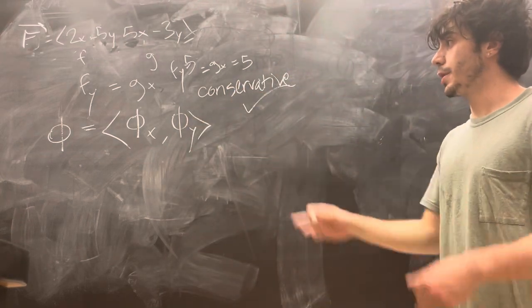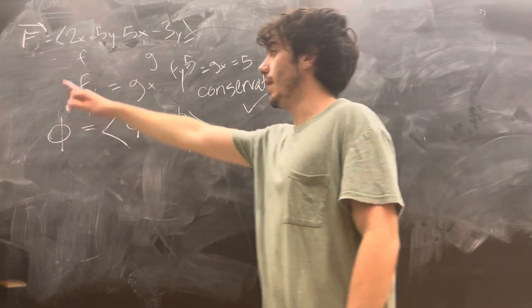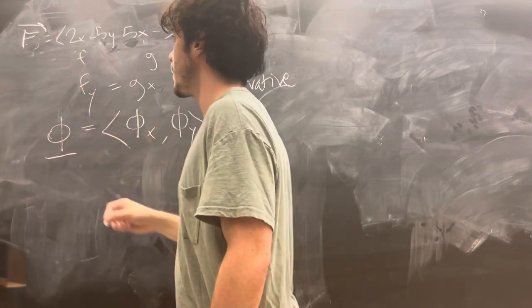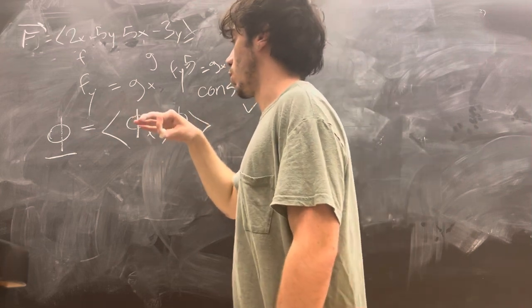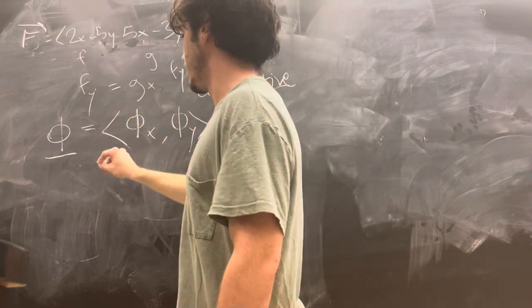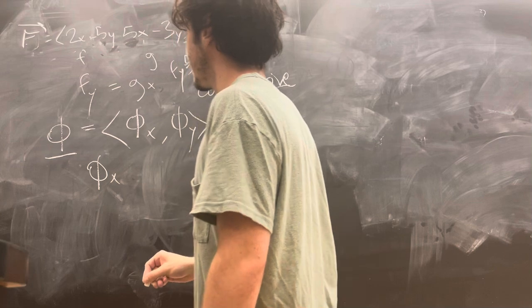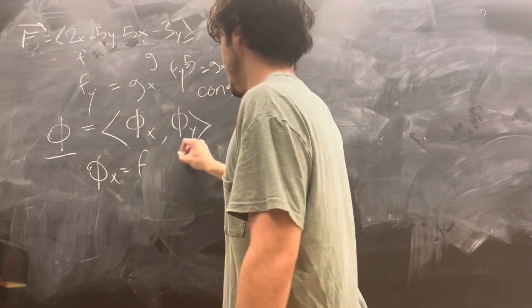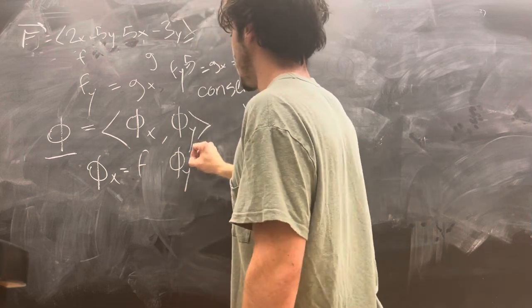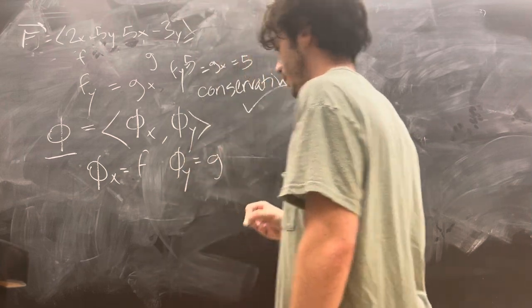So keeping this in mind, if f is the gradient of this potential function, then we have that the x component, or the first component here, is equal to f. So the partial of phi with respect to x is equal to our f component up here, and the partial of phi with respect to y is equal to the g component.